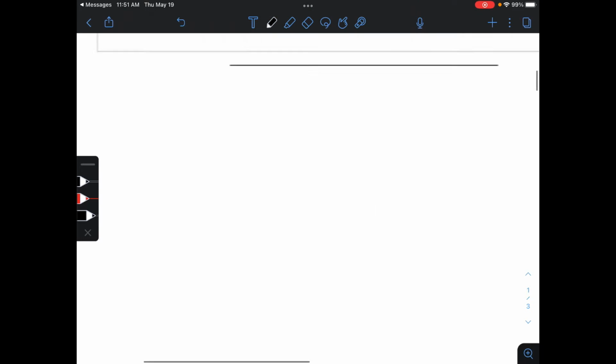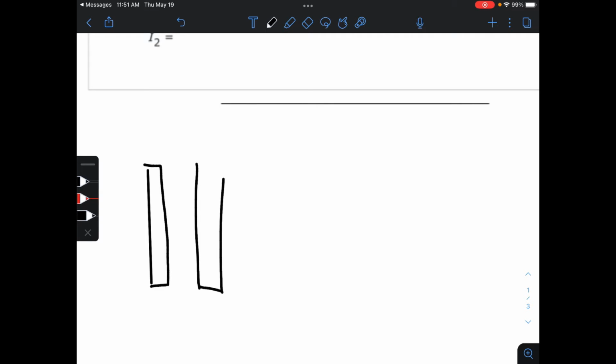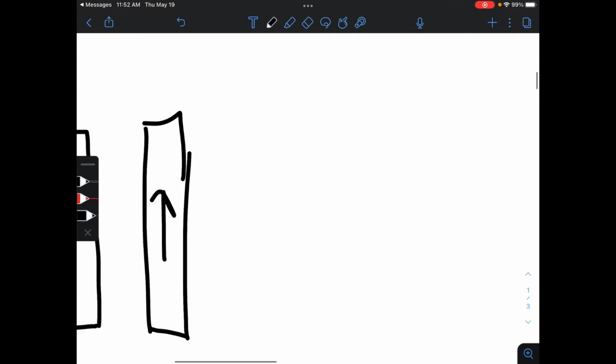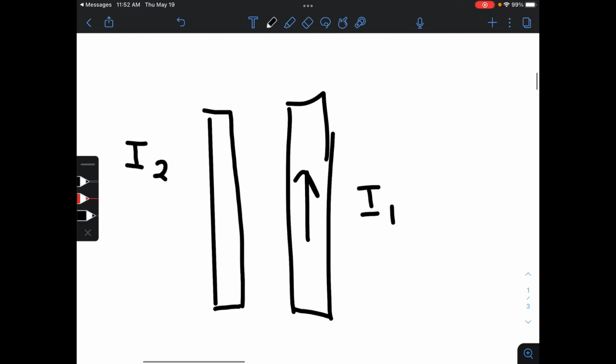So this is our unknown one. It's probably not as straight, but whatever. And this is our known one. We know this is I1. Okay, we don't know I2. We don't know what I2 could be.